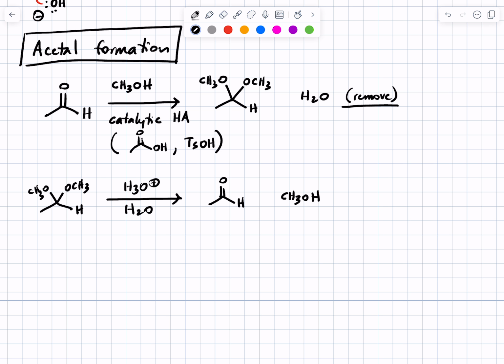The acetal has two alkoxy groups on what used to be the carbonyl carbon. The hemiacetal has one. The other OH group used to be the carbonyl oxygen, so it's still there.